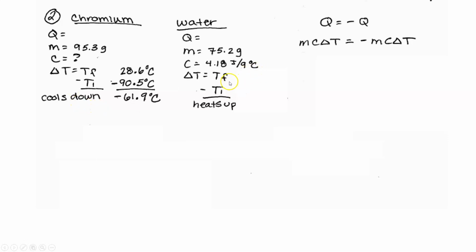Over here, this time the water will be heating up. I'm ending at 28.6. You see they match each other. I started at 20.5, so I heat up by 8.1 degrees. Makes sense, the metal's going to change in temp a lot more than the water does.